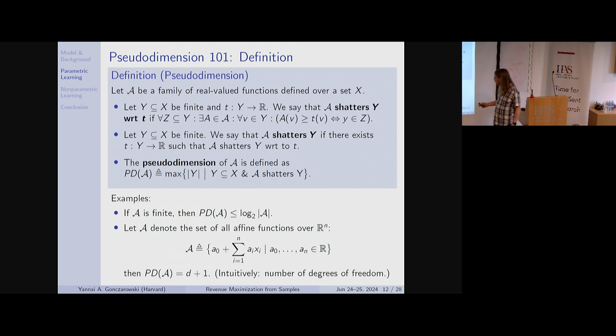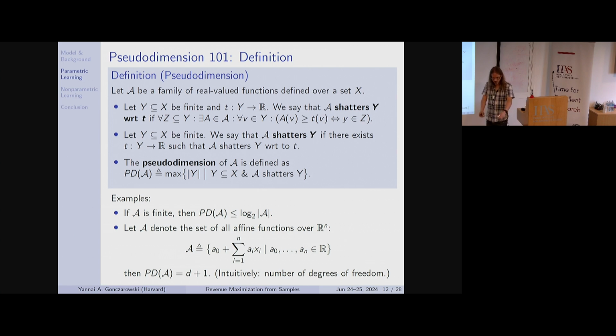Another example that's actually going to be useful later: if you take as A all affine functions over R^n, each function is defined by n plus 1 numbers, which are the coefficients. The pseudo dimension is n plus 1.